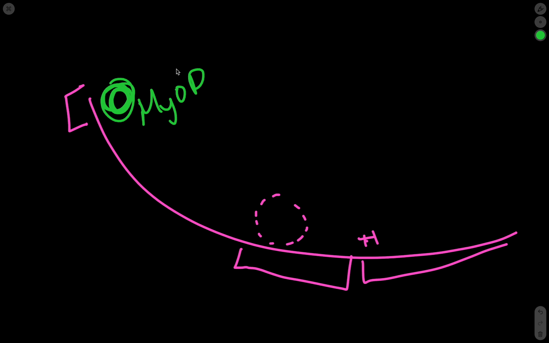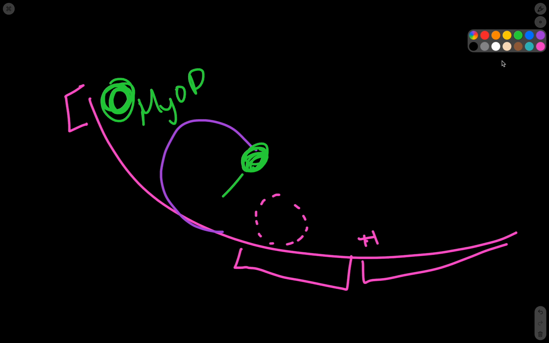This DNA is going to get bent, so that the MyoD protein is going to get close to that region. And the MyoD protein is actually going to help bring this missing protein.